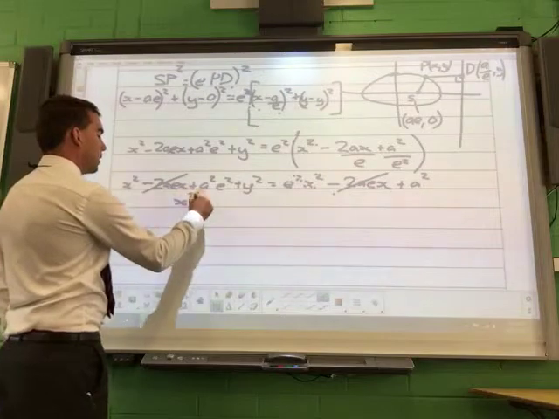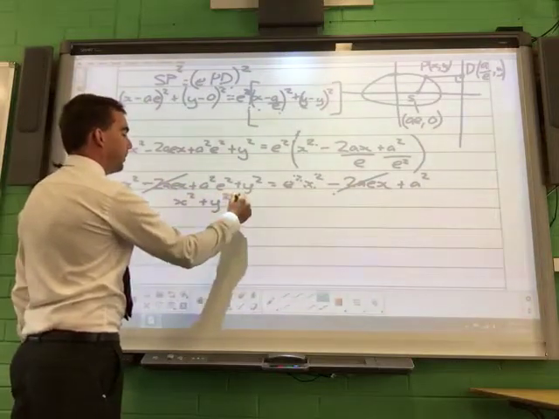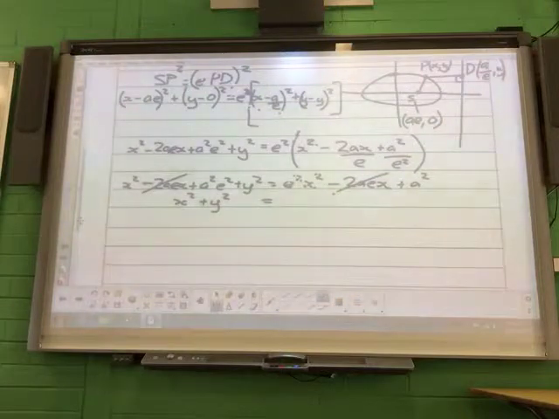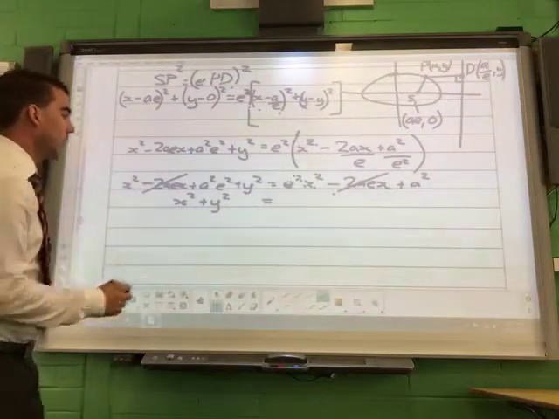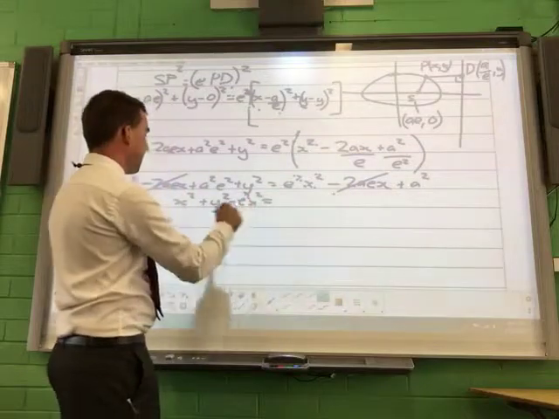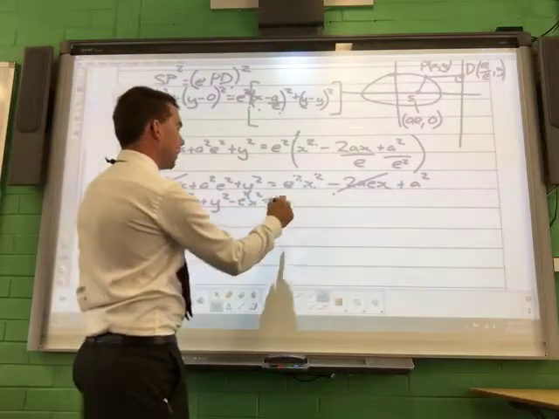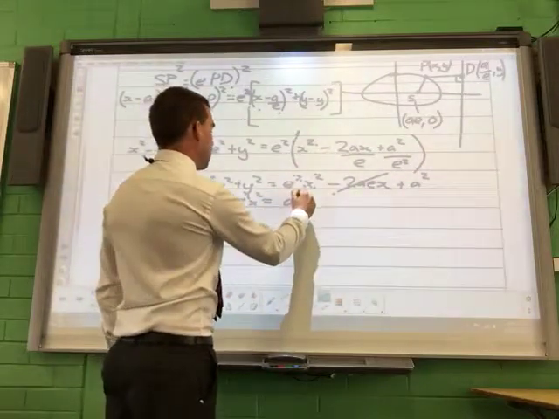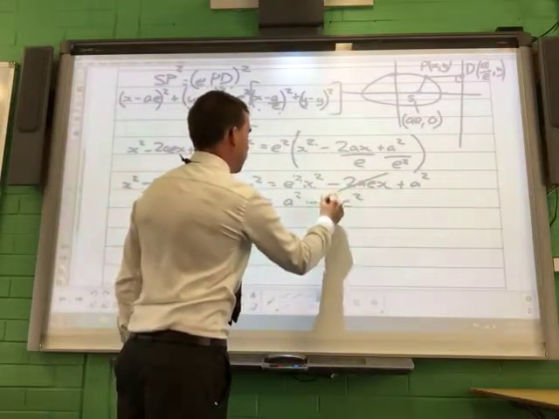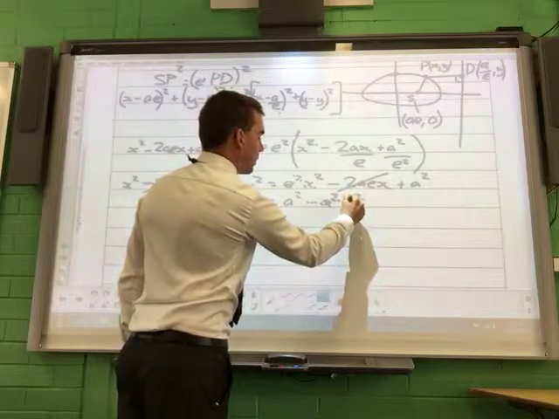So x squared plus y squared. I'm going to leave x's and y's on the left hand side and move everything else. Just look at the e squared x squared. Take away e squared x squared is going to be a squared take away a squared e squared.